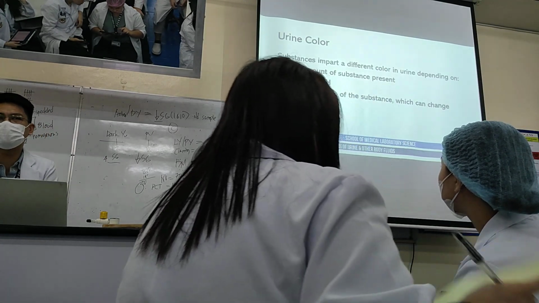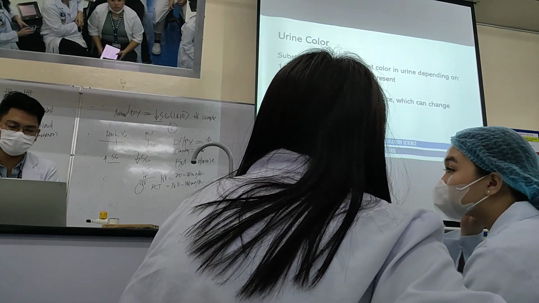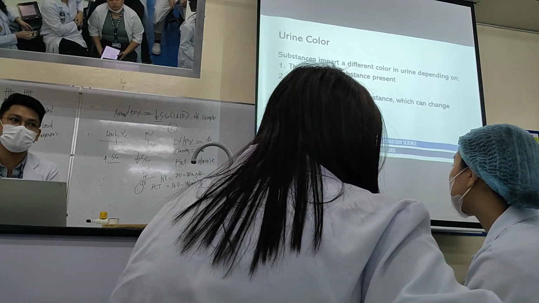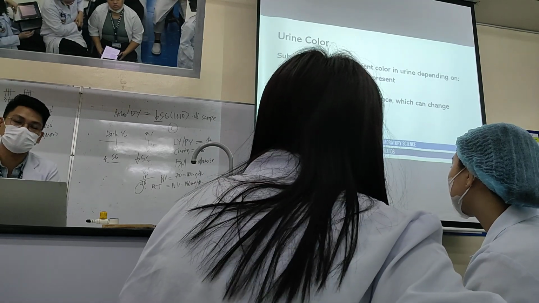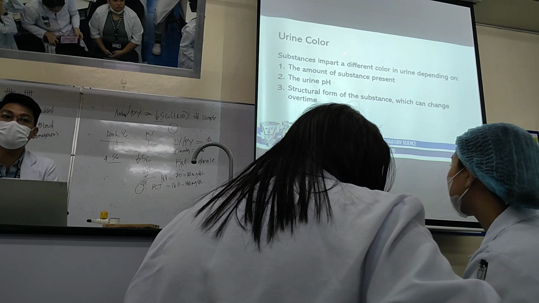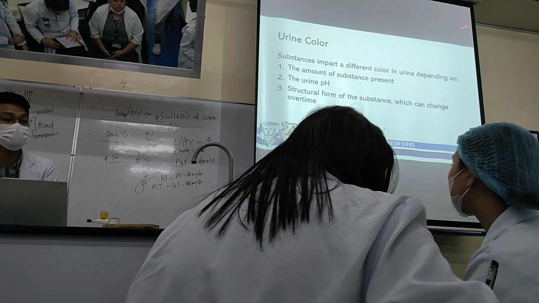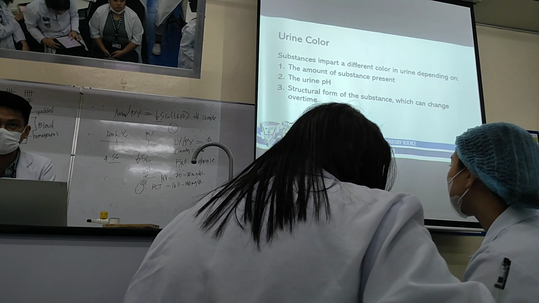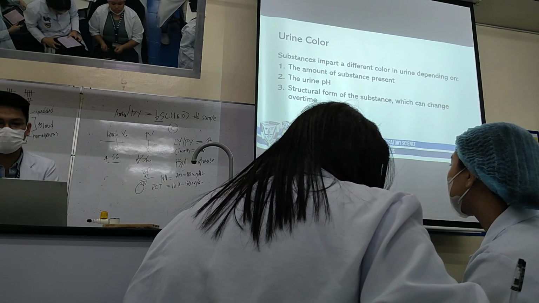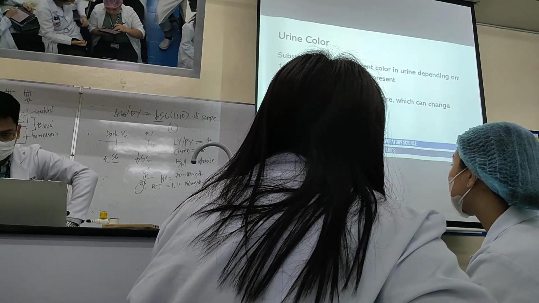A common example is the drug of choice for tuberculosis, rifampicin or rifampin, which contributes to red urine. Second, the urine pH, since substances are soluble in acidic as well as alkaline urine. And the structural form of the substance, whether it is soluble and dissolves or not. So we have different correlations of urine color here. I have only listed the important ones.